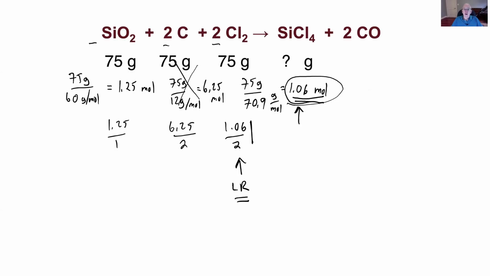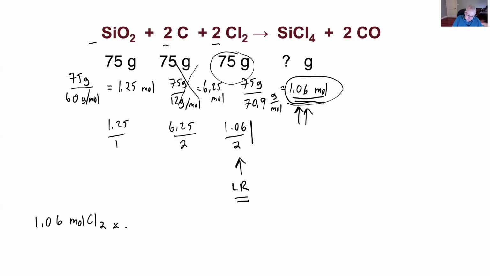Okay, so now I want to know how many grams of SiCl4 I can make from my 75 grams, or 1.06 moles, of Cl2. So I'm going to start with the 1.06 moles of Cl2. The reason I'm going to start there is because if I start with the 75 grams, the very first thing I'm going to do is turn it into moles. I've already done that, so there's no reason to go back to that step.